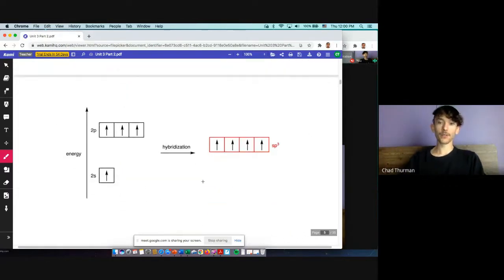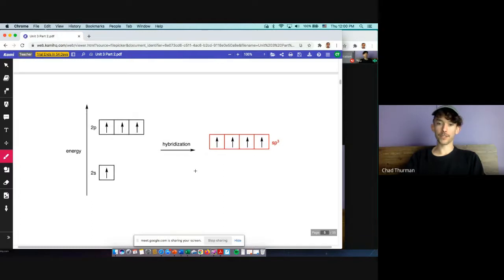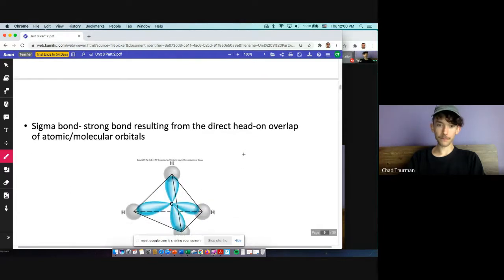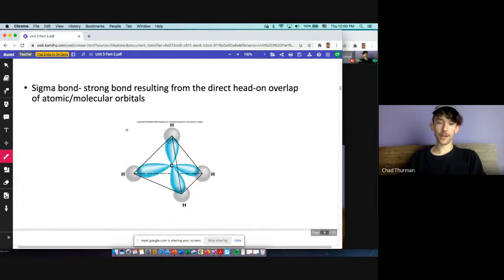Here's what I was talking about earlier. We've made 4 brand new orbitals for bonding, and they're equal energy. We call them sp3 because we've taken 1 s and 3 p orbitals and smushed them together. Okay, so here's a molecule, CH4. You know it's tetrahedral, and this is really helping you understand what a sigma bond is.